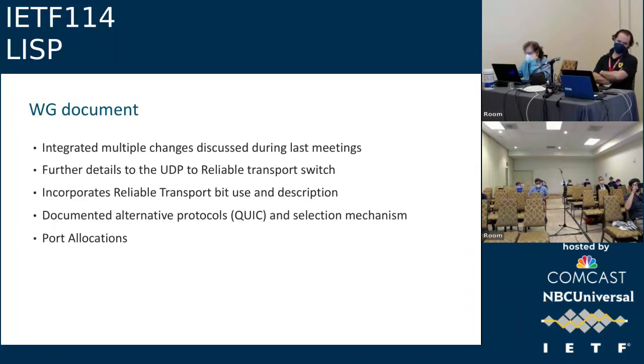The document includes QUIC as an alternative protocol to use for reliable transport, and discusses how to select the protocol when you have multiple options. And I reserve the last slide for port allocations, all the discussion that we had on the mailing list.